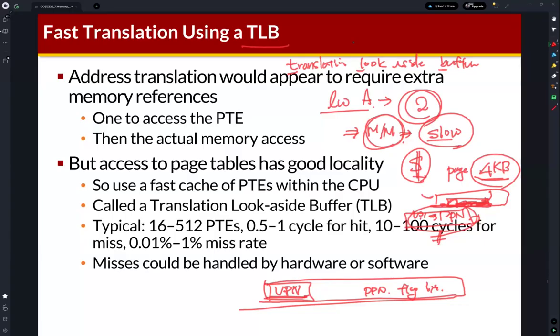So TLB is just the cache for the page table. Because we access the page table using the virtual page number, we can also organize the TLB, which is also accessed by virtual page number. The virtual page number is split into the index part and the tag part, like the cache.